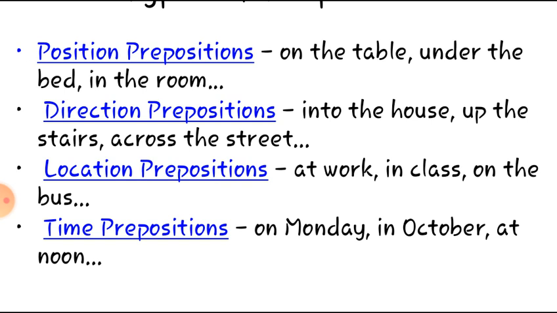So here are three phrases, and in these three phrases three prepositions are there. On is a position preposition, under is also a position preposition, and in is also a position preposition.